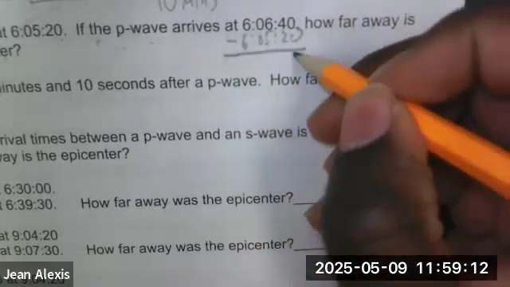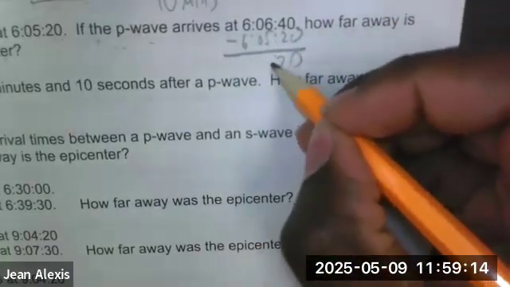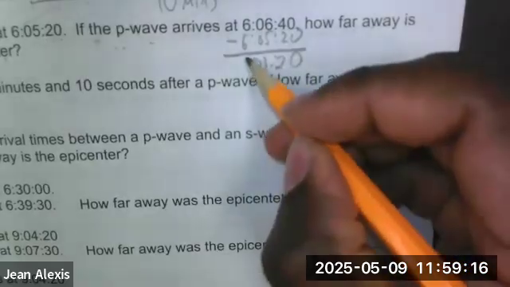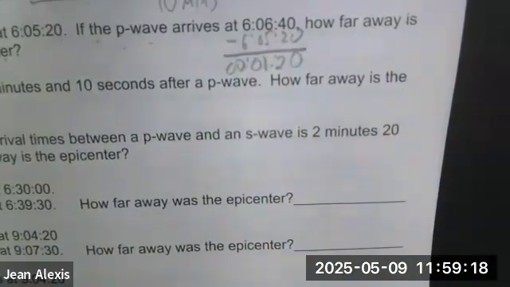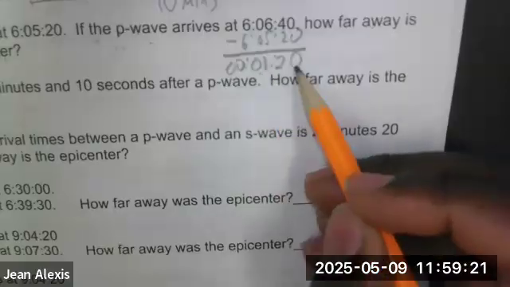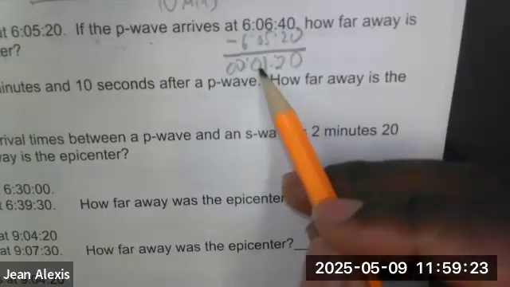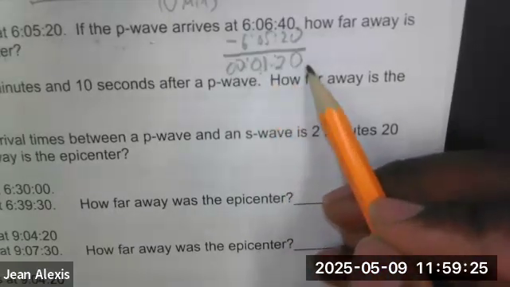When I do that, it ends up being 1 minute and 20 seconds. That's the travel time for the P wave.